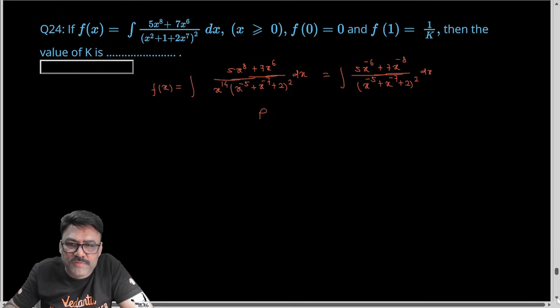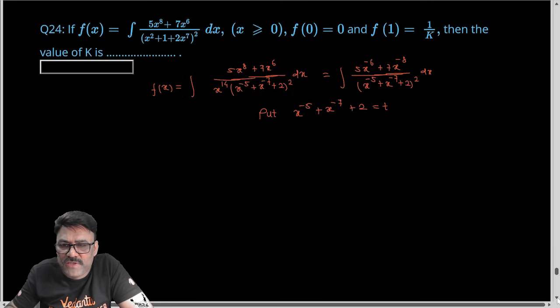Now what you will do, substitute x raised to minus 5 plus x raised to minus 7 plus 2 as t. And when you differentiate it, you will get minus 5 times x raised to minus 6 minus 7 times x raised to minus 8, dt by dx.